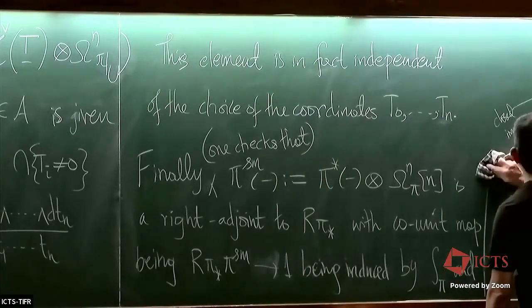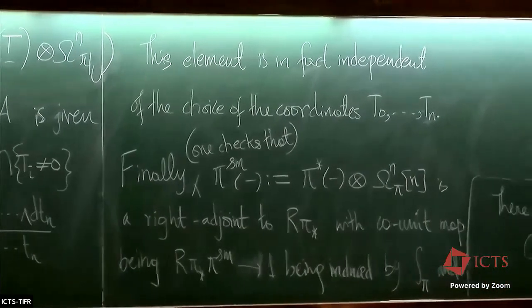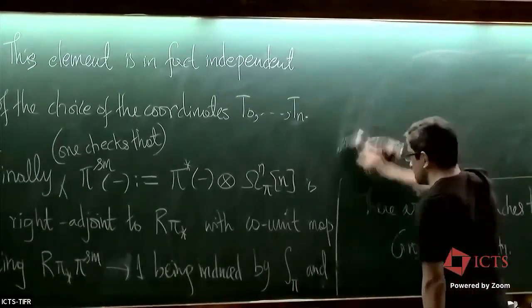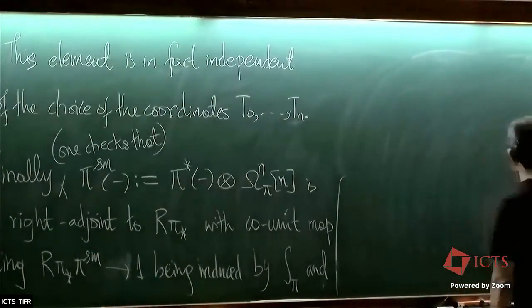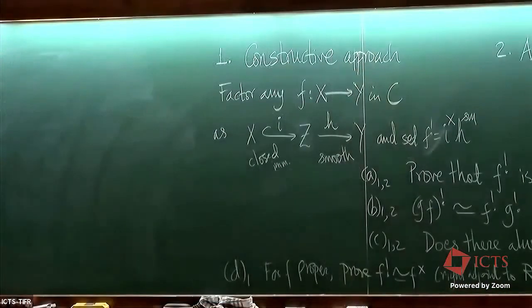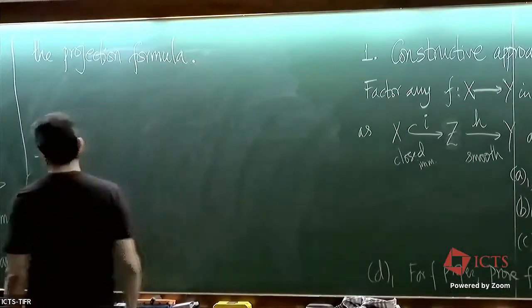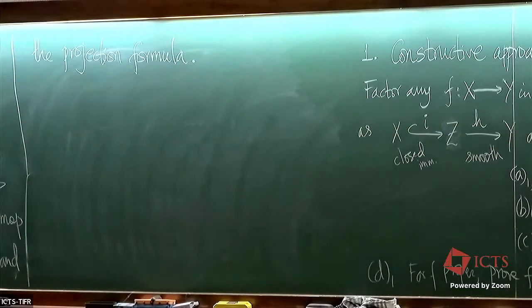The projection formula says that if you apply R pi lower star to this, that's the same as this tensored with R pi lower star of that.